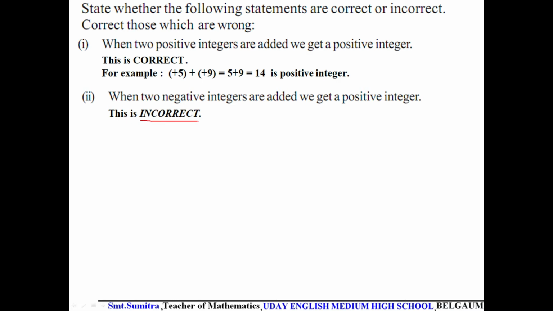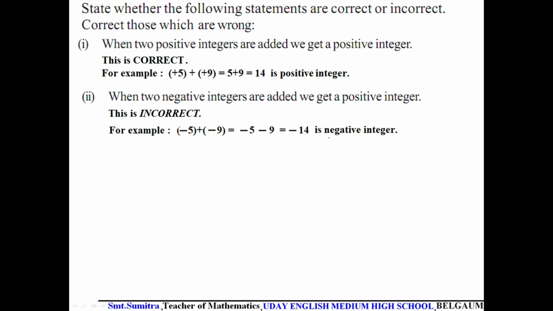This is an incorrect statement because we explain this one with the help of an example. -5 plus of -9 is equal to -5 minus 9 is equal to -14. So we are getting a negative integer.